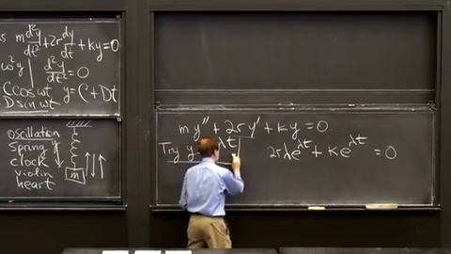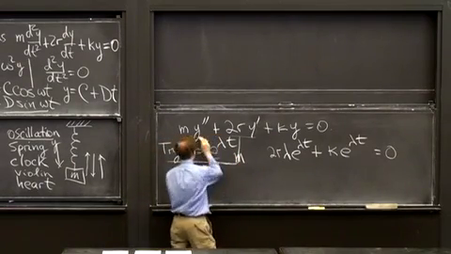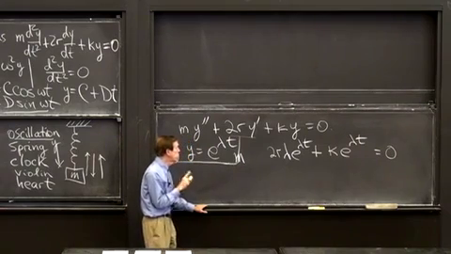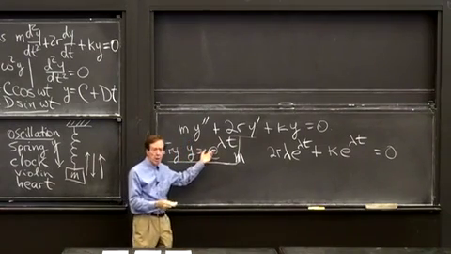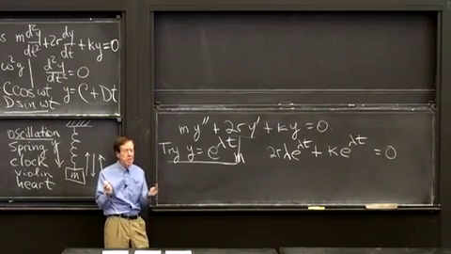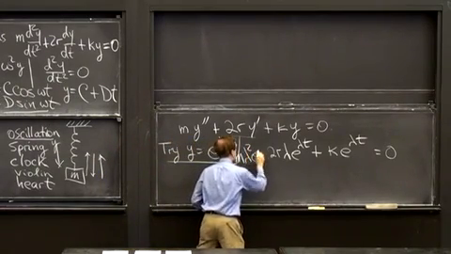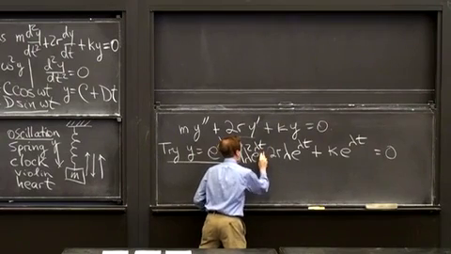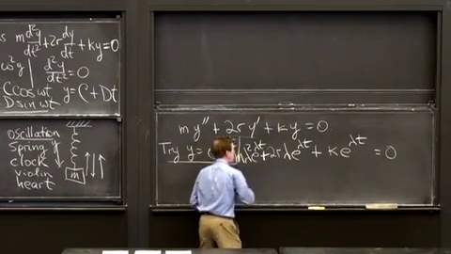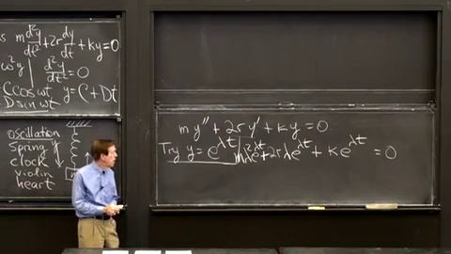And what about this one? This one is going to be an m y double prime. What happens with two derivatives? Bring down lambda twice. So I have lambda squared e to the lambda t. And then in a minute, you know what I'm going to do.